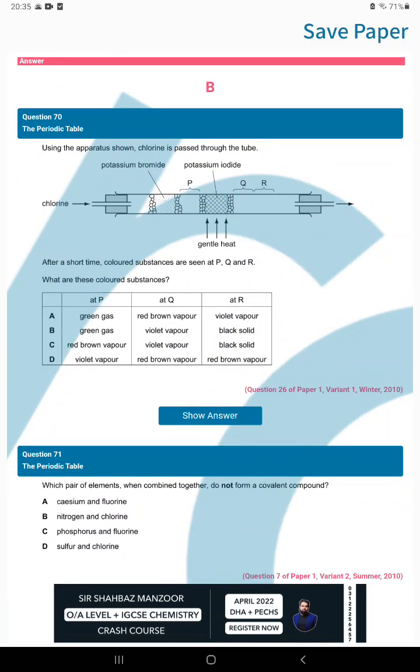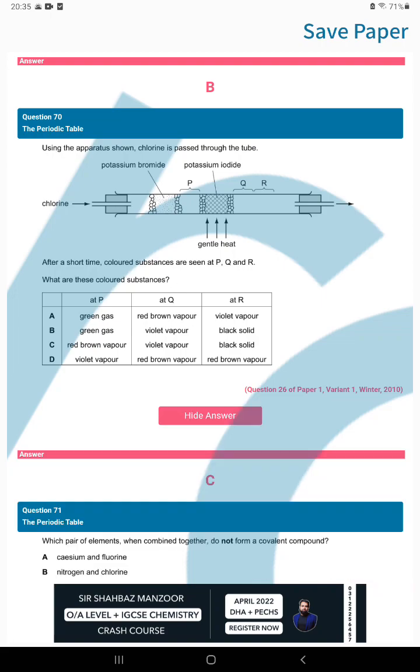Using the apparatus shown, chlorine is passed through the tube. After a short time, colored substances are seen at P, Q, and R. What are these colored substances? At P, it's a green gas, red brown vapor, violet paper. At Q, it's violet paper or red brown paper.